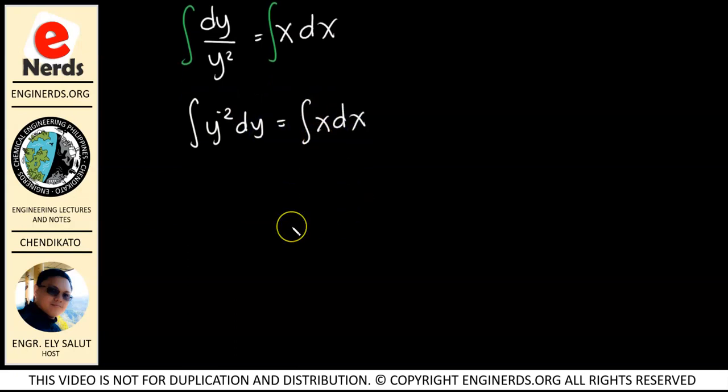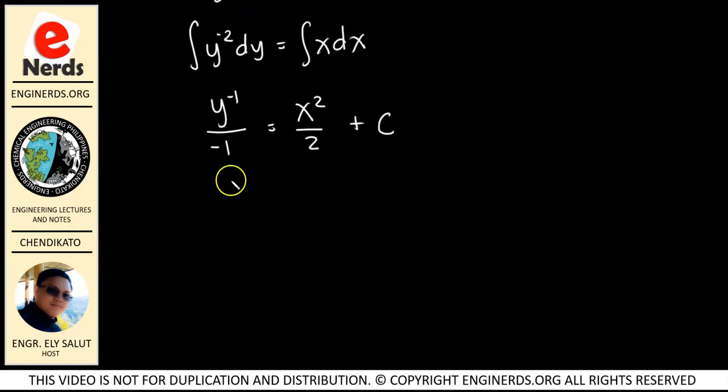So what is the integral of y to the negative 2 dy? We will have y to the negative 1 over negative 1, which is equal to the integral of x dx, which is x squared over 2. Then we have plus c. So basically, we have here negative 1 over y is equal to x squared over 2 plus c.